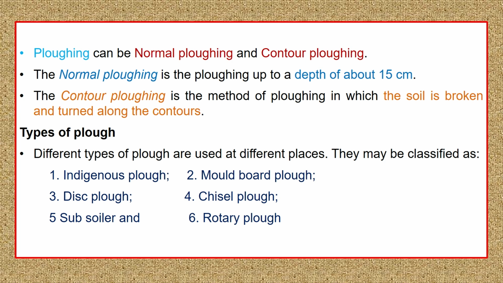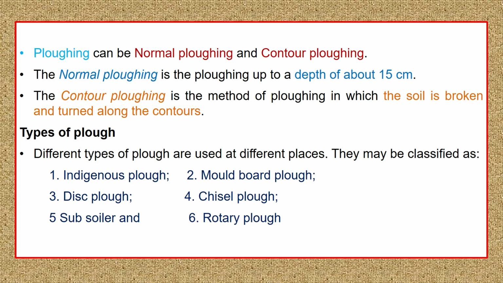Ploughing may be of two types, normal ploughing or contour ploughing. This classification is on the basis of the way the ploughing is performed. Normal ploughing is where the depth of ploughing is limited to 15 centimeters.